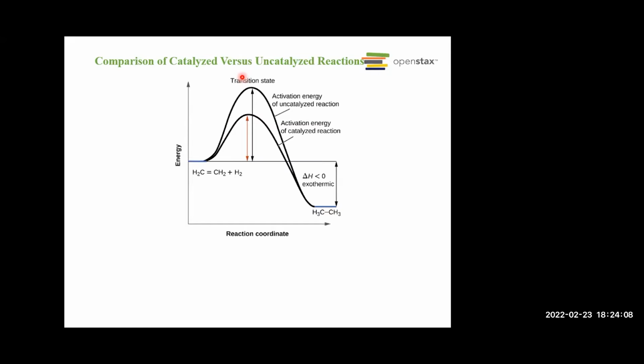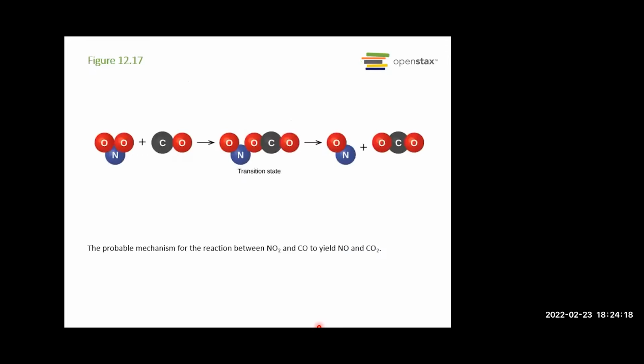It sets up that orientation, so it makes it easier to get to that transition state without having to work as hard. Here, when you have a chemical reaction, this serves as that transition state. A lot of times you'll have a catalyst that helps orient it so you get to that transition state faster.